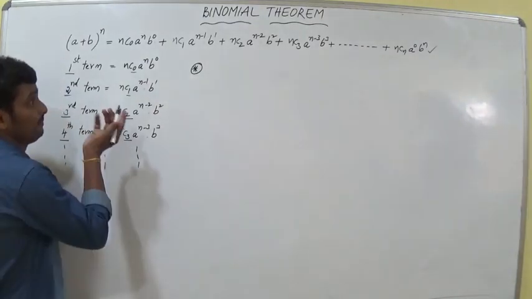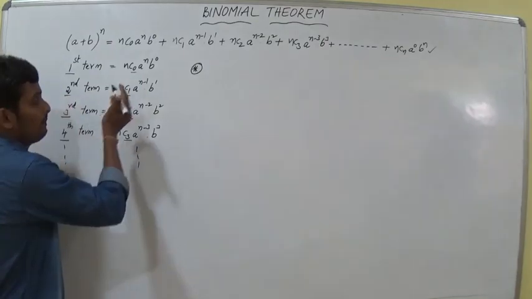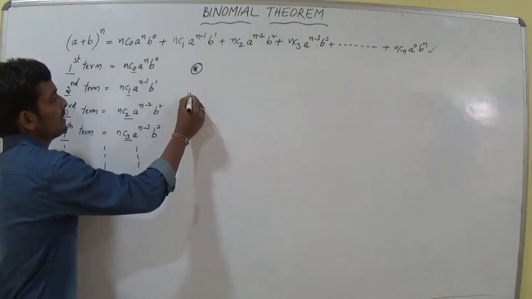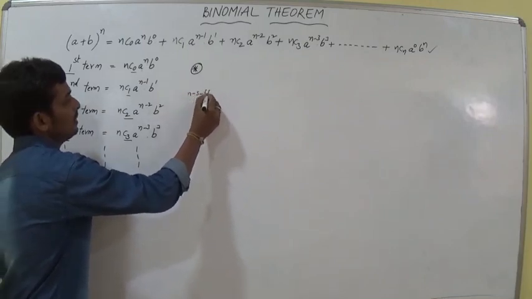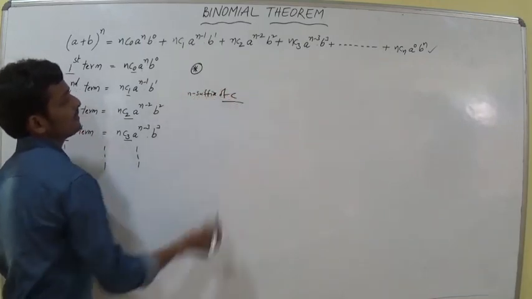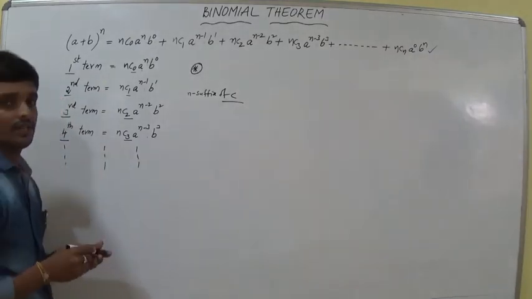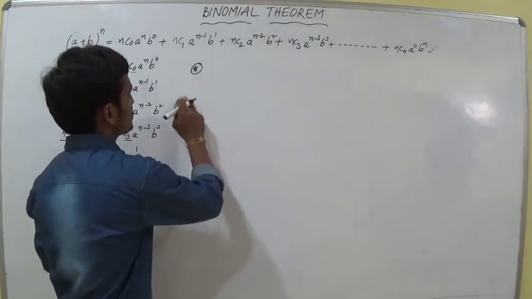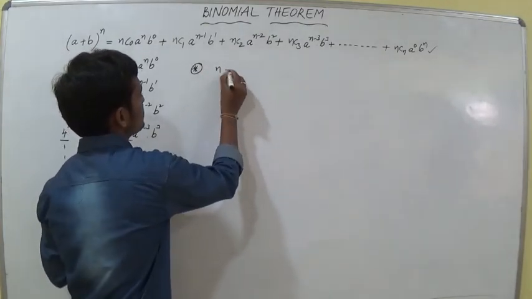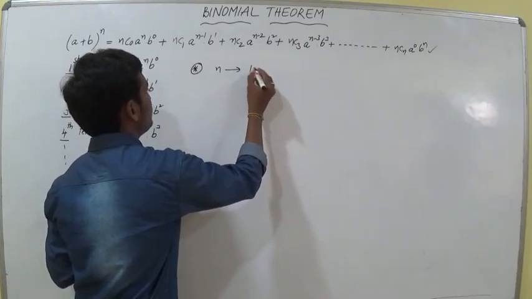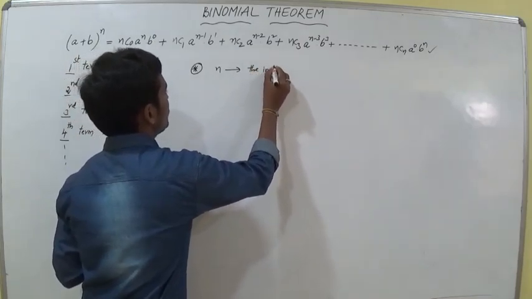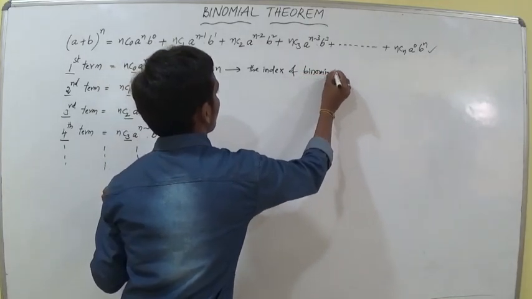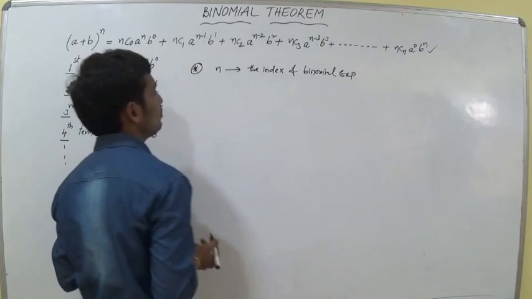If you observe here, the index of a is n minus the suffix of C. I am writing clearly. The first point is n. n is the degree of the index of the binomial expression.